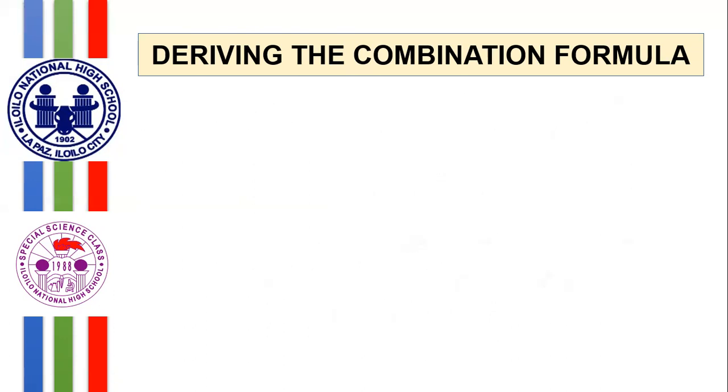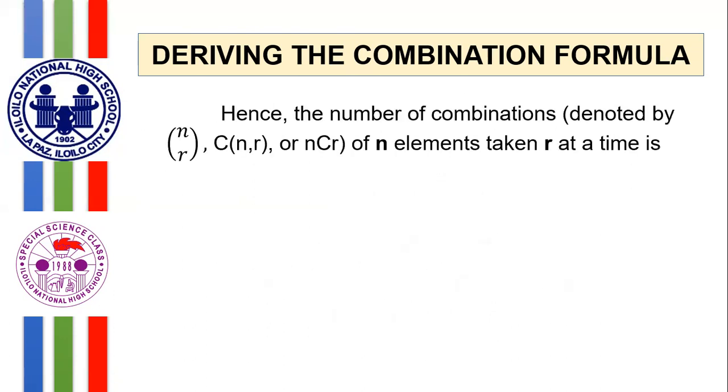And therefore, deriving the combination formula further, we could see that the number of combinations denoted by this nCr, in some books it's C of n, r, of n elements taken R at a time, is simply the number of permutations nPr divided by R factorial.